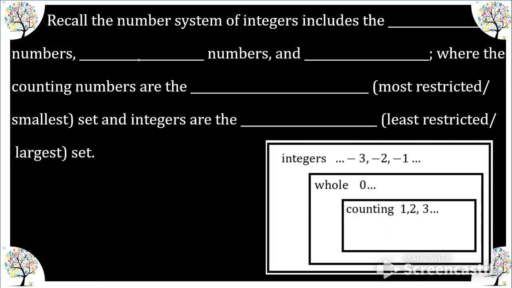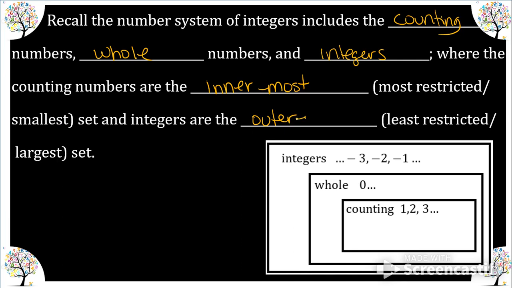Recall the number system of integers includes the counting numbers, whole numbers, and integers, where the counting numbers are the innermost set. They are the most restricted, the smallest set, and integers are the outermost, which is the least restricted. They are the largest set.